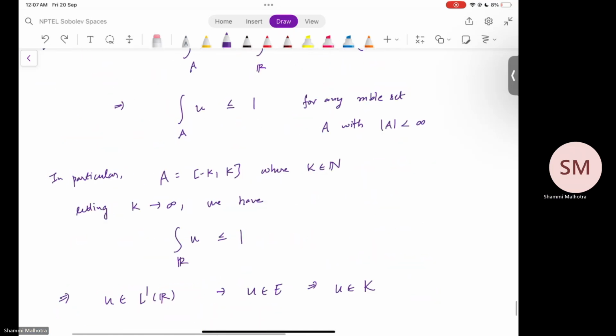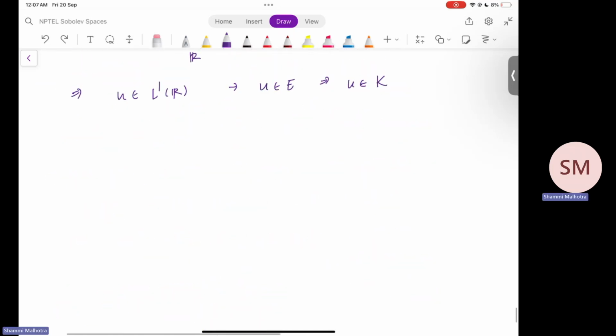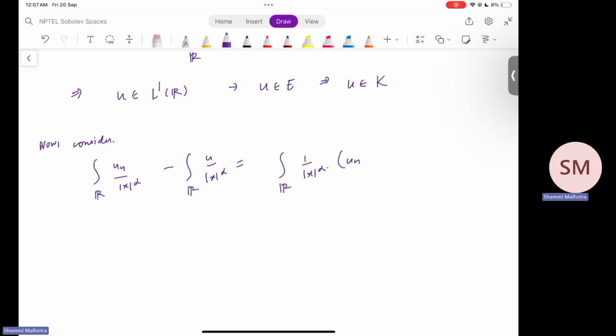So now consider the integration over R of u_n upon |x|^α minus the integration over R of u upon |x|^α. So this can be written as the integration over R of 1 upon |x|^α into (u_n minus u).